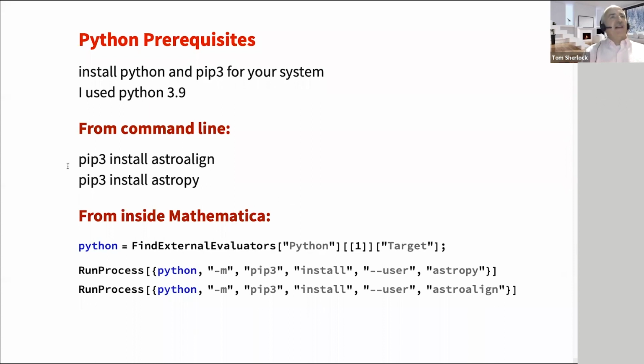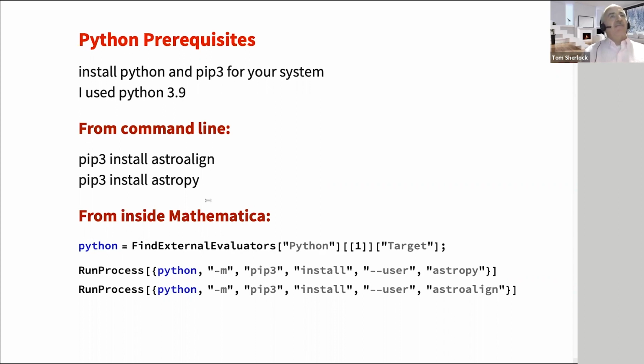And from the command line, it's very simple to install the modules that you need to do this work. There's pip3 install AstroAlign, that's the astro alignment routines, and pip3 install AstroPy, which is for doing a lot of stuff, but we're going to use it to read and write the FITS files, which contain the data that we're going to turn into images.